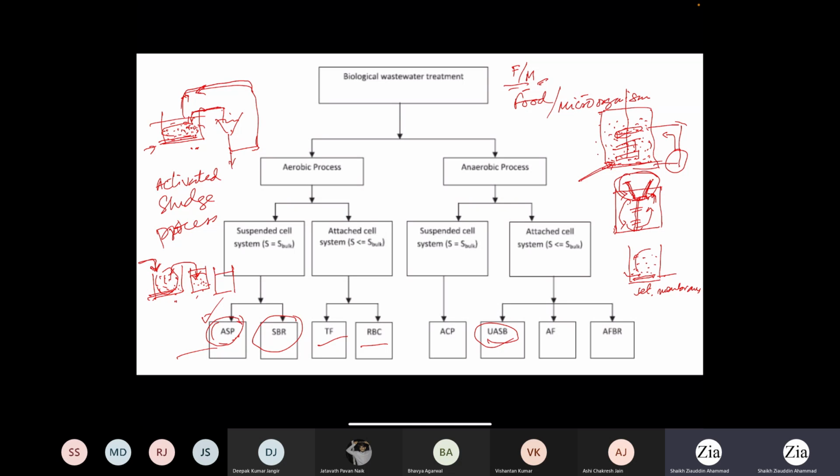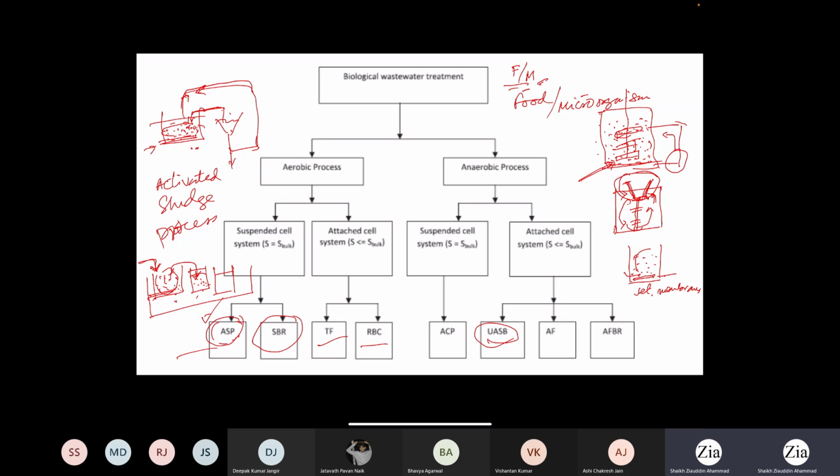So in the reaction flow, you get constant movement of effluent, whereas internally, different reactors operate in batch mode in a given sequence. That's why they are known as sequential batch reactors.